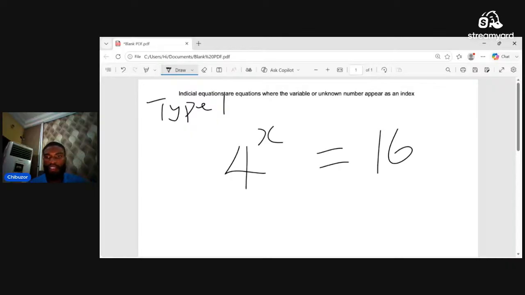So I'll give you guys time to solve this one. Let me see the first person that will get the answer. Using the same principle by matching the bases. Nice. x is equal to 2. x is equal to 2. That's the answer.